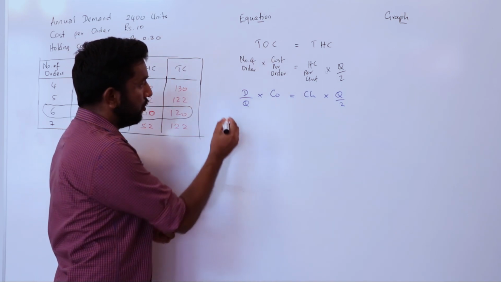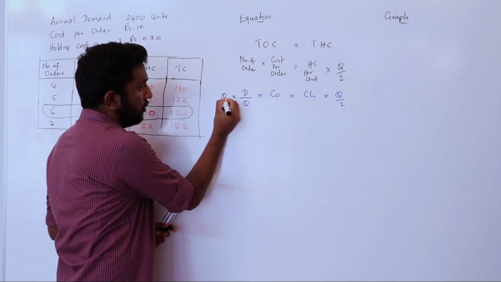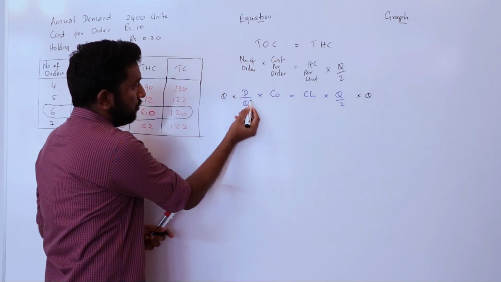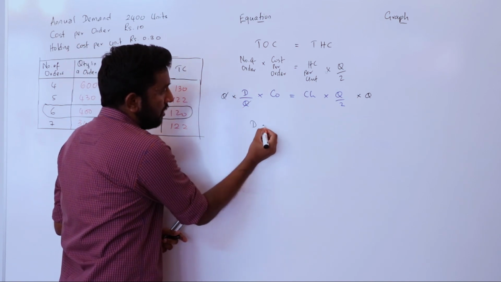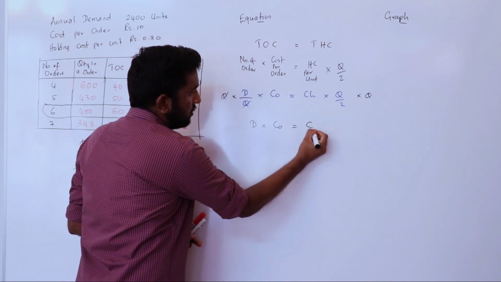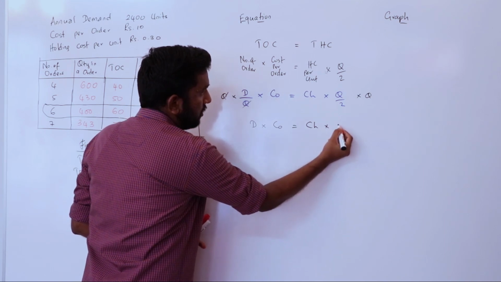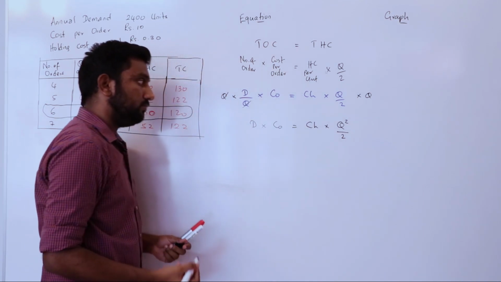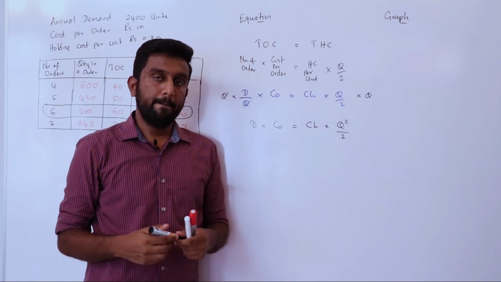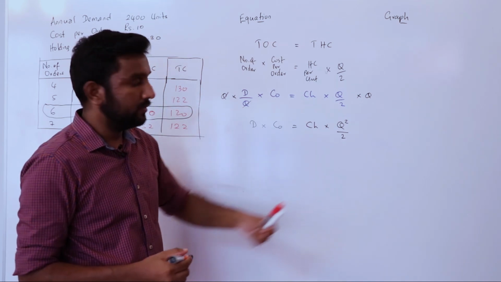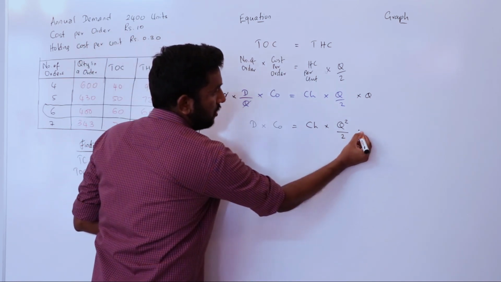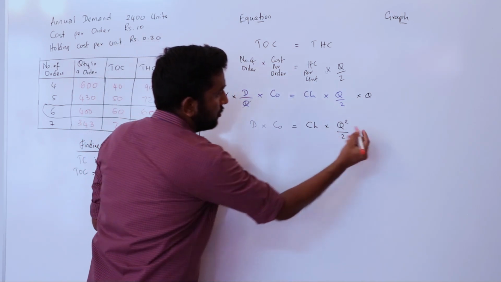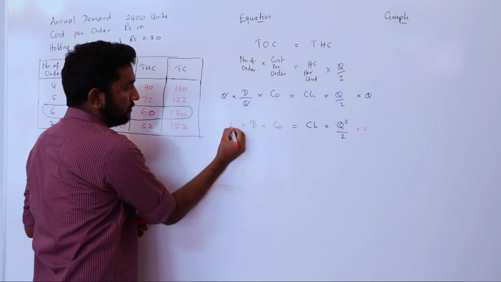To remove this Q, I have to multiply by Q, and this side also I have to multiply by Q. Now I'll have D into CO equals CH into Q square. So I have removed Q. Now how to remove 2? Multiply by 2, so this side also into 2.